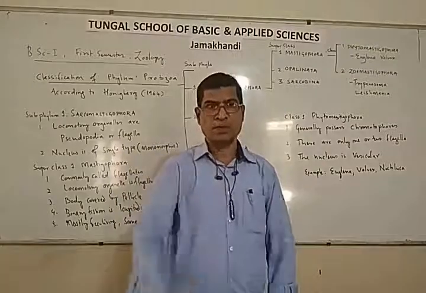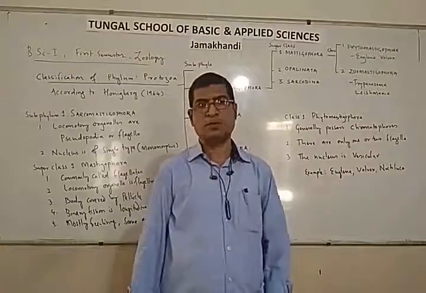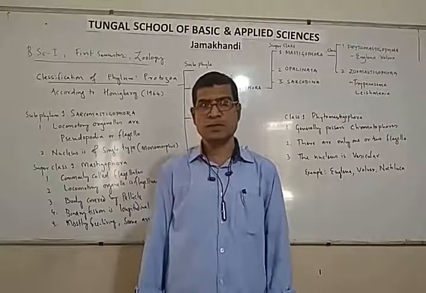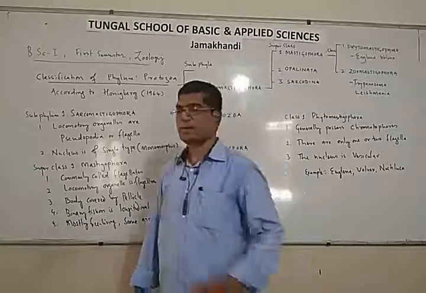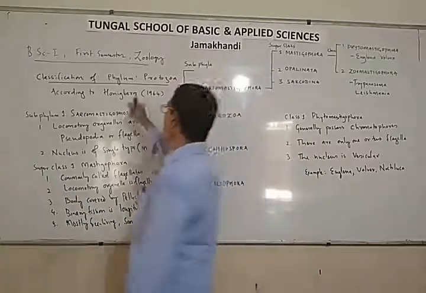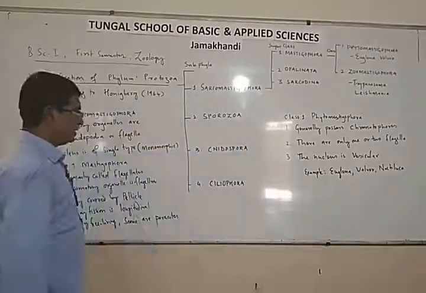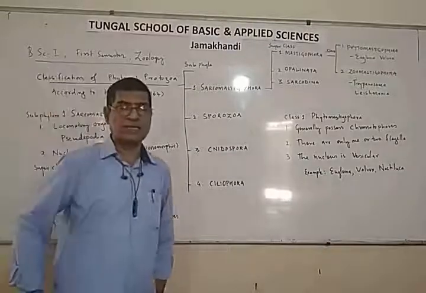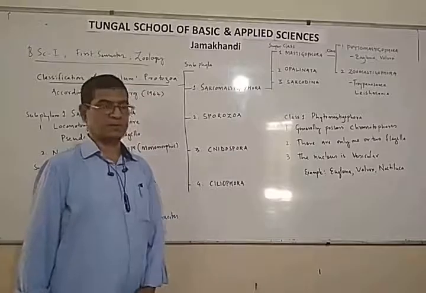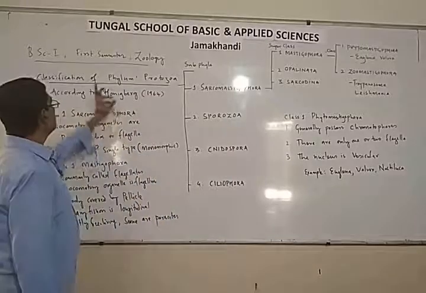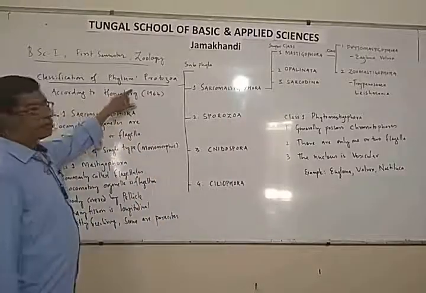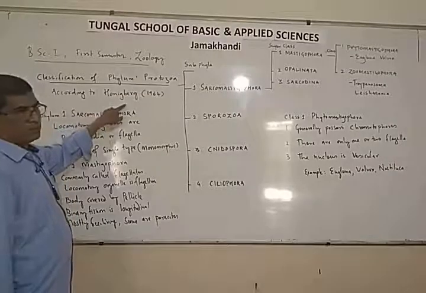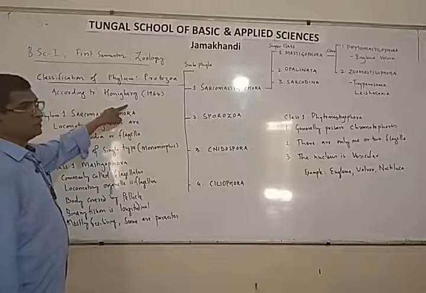So in my previous video we discussed the general characteristics of phylum Protozoa. Now the next aspect of phylum Protozoa is classification. So classification of phylum Protozoa according to Honigberg 1964.